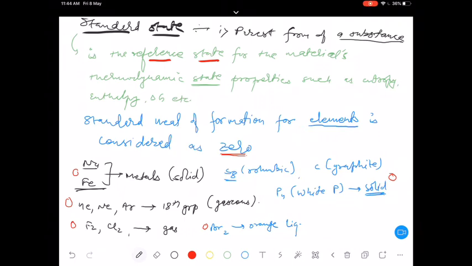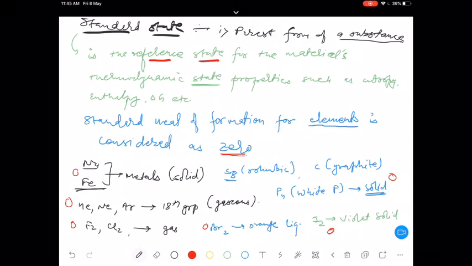Clear? While for iodine, violet solid, if it is written in the form of iodine solid, that will be its standard state and that will be considered as 0. Just go through these different compounds and try to remember them. Do it quickly.